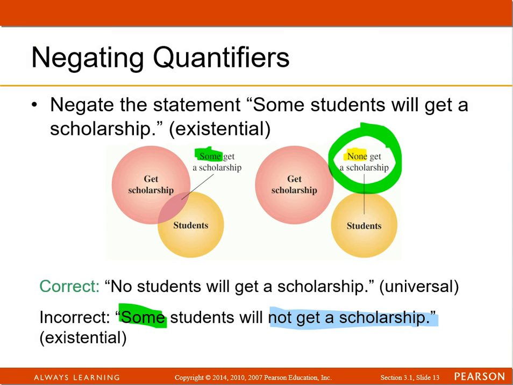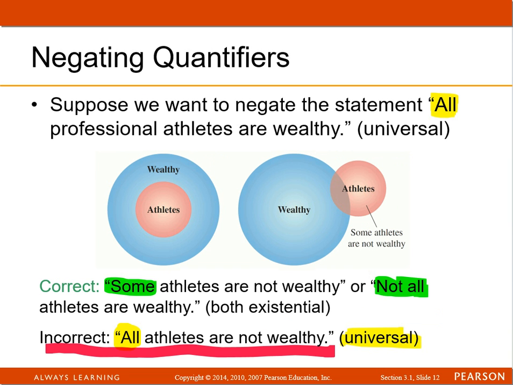Back on that last one, when we were looking at the circles, you can see that you had a circle completely inside of another circle. In that drawing, this represents an all. All athletes are wealthy. If you have a circle inside of a circle, you're saying that everything inside the little circle is also part of the big circle.